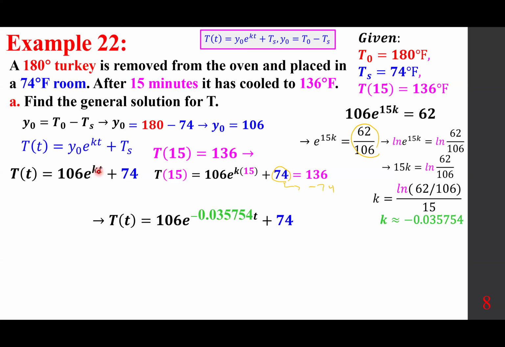Now, I want to show you quickly a slightly different methodology. Okay, so over here we have 62 over 106 or 31 over 53.